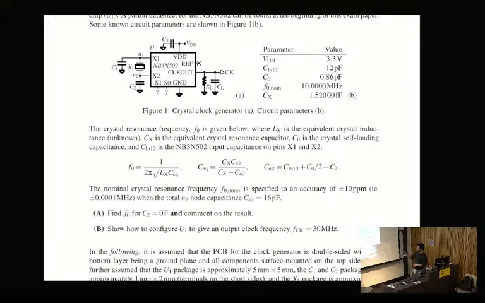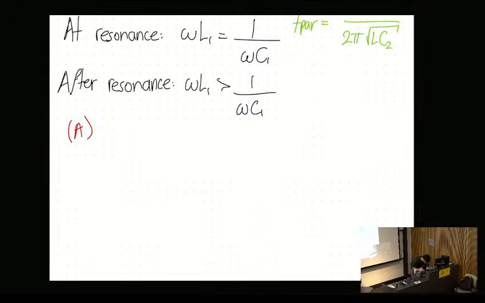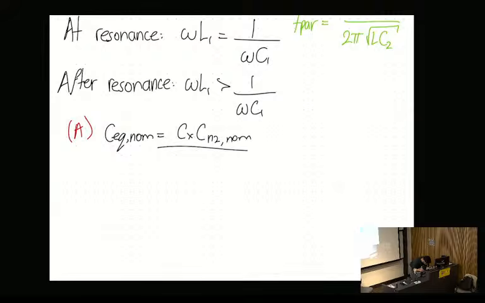So we have the nominal resonance frequency. Now we need to find the new resonance frequency without this C2 capacitance. So nominal capacitance just means the usual capacitance. So using the formulas we have, the one formula we're given is the nominal capacitance is Cx Cn2 nominal over Cx plus Cn2 nominal.